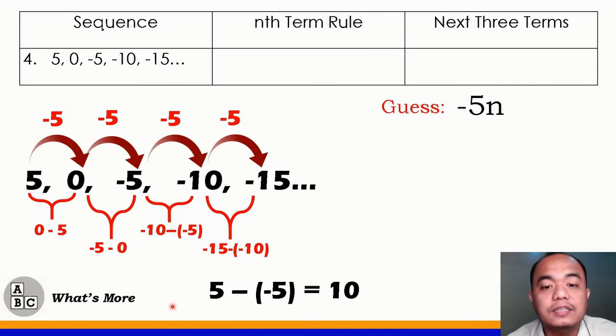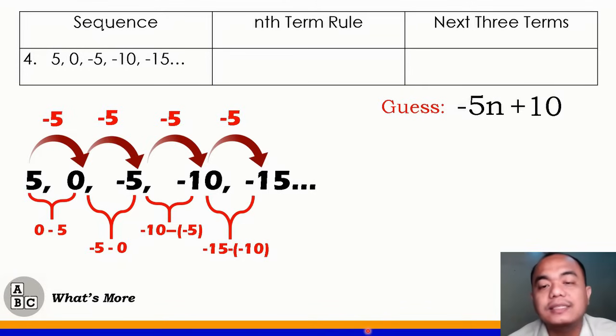That means 5 minus negative 5 equals 10. So meaning we will have plus 10 in here. So we'll try, this is just a guess. Let's try if our guess fits the correct n-term rule.